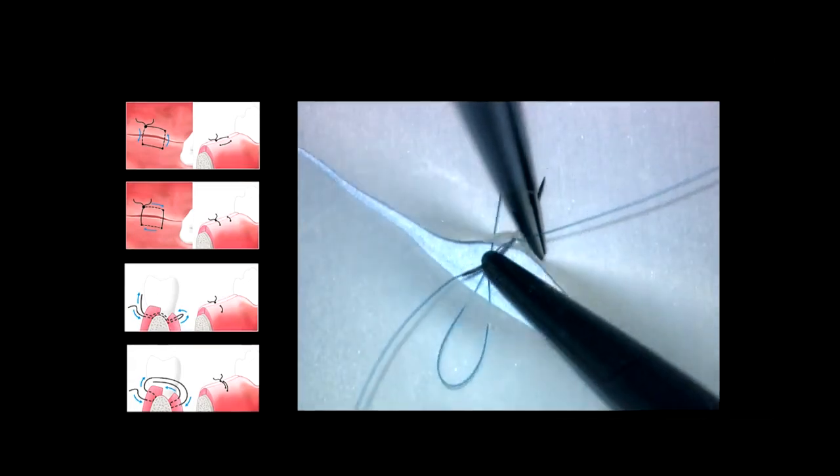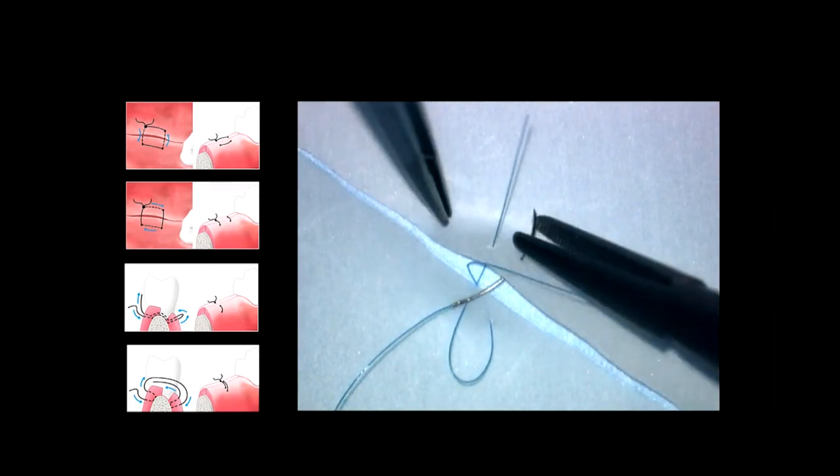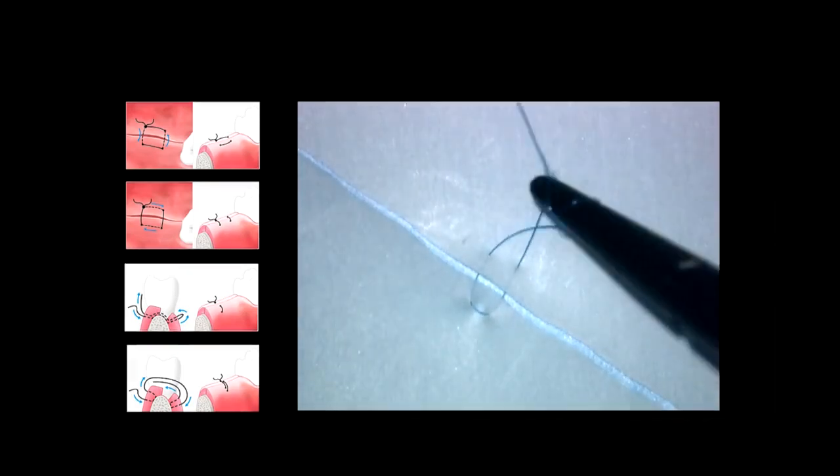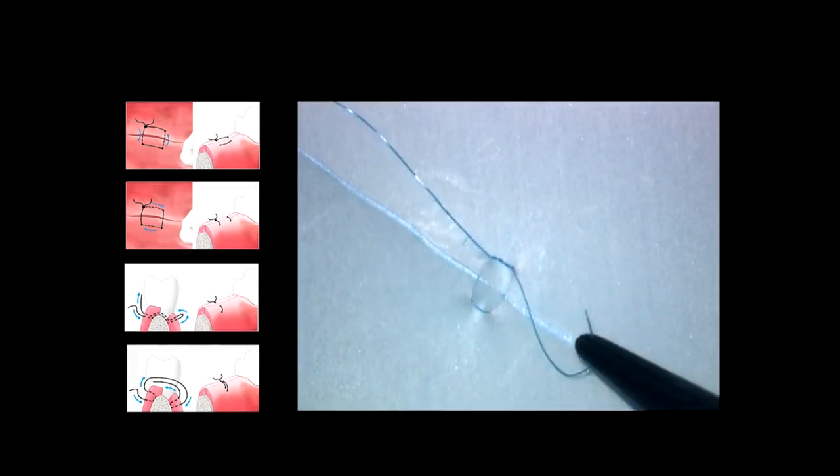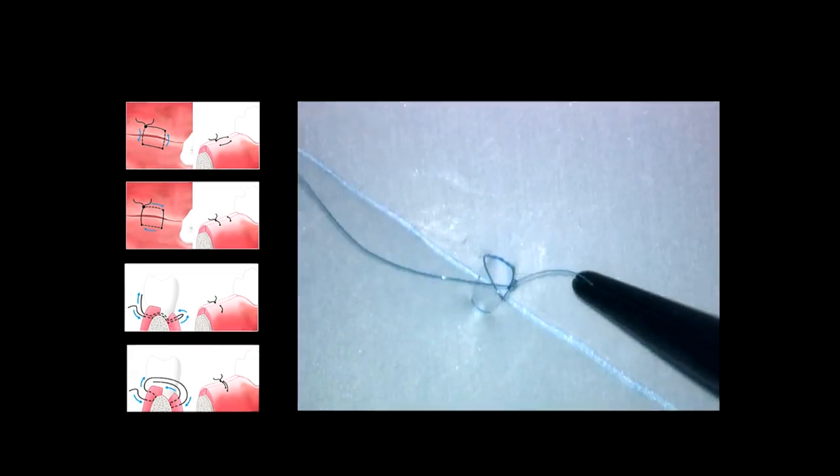You right angle penetrate again and then you suture the thread and tighten the knot, as you can see here. It depends on the suture material how many times you turn the thread around the needle holder, but usually 2 times with a double sling is enough to secure the knot and it will not open anymore.